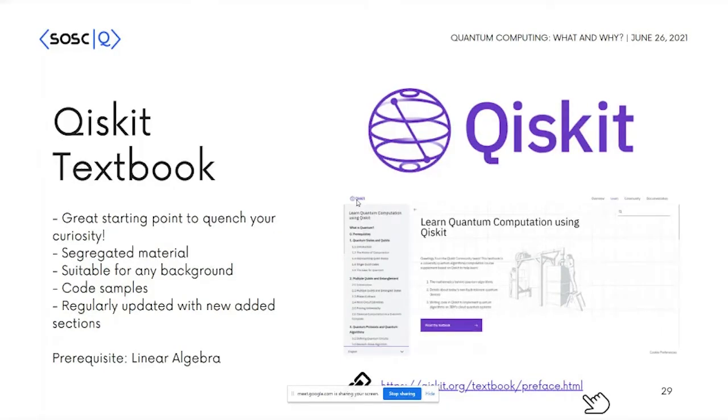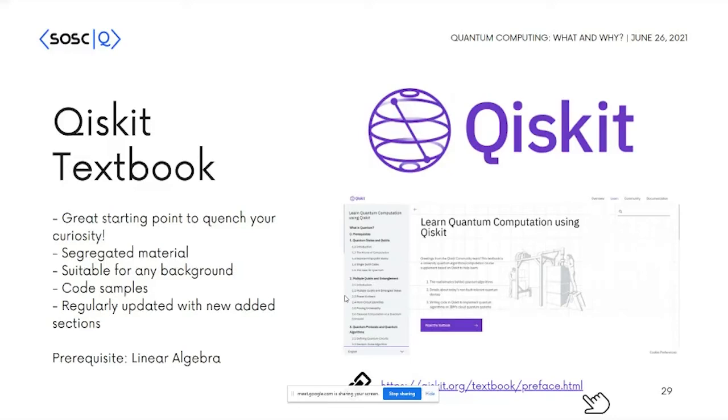So that's why you can start with this Qiskit textbook. It's a textbook that is completely made with very nice segregations of each chapter. It will start with your basic gates, your basic starting point of how would you start, how would you look for things, how would you approach problems. There are also code samples there and labs, and it's regularly updated, it's community updated, right?